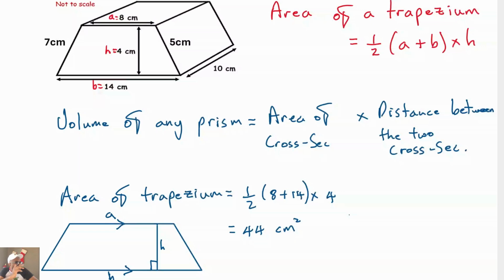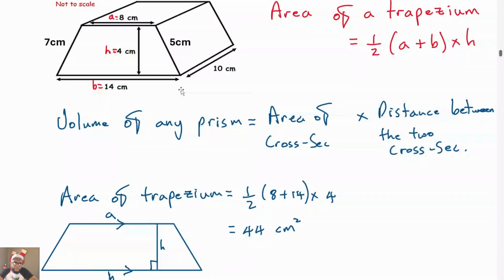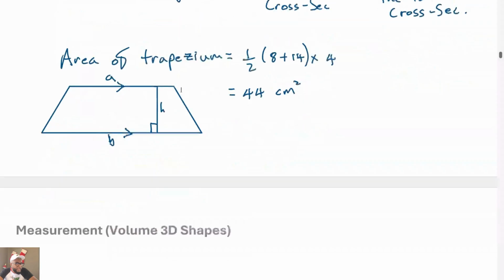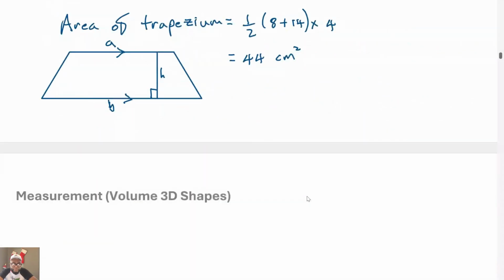Brother, do 1/2, open bracket, 8 plus 14, close bracket, multiply by 4, and you will get 44. I just ended up adding 8 and 14 and multiplying by 1. You could do that, but you don't know what you're doing. You do 8 plus 14 first, then multiply by 4.